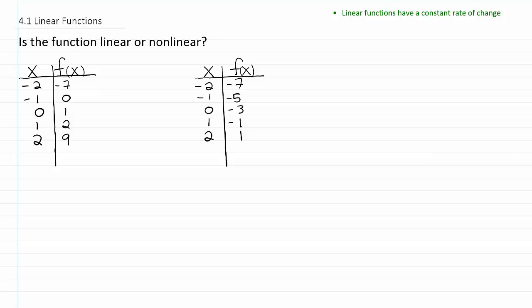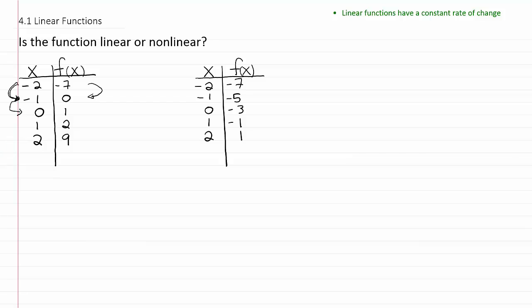What that means is that as you move from one x value to the next, the y value will change in different ways. So when you move from -2 to -1, that's a unit change in x. But what's the corresponding change in y? Well, it looks like it's a change of 7, right? Because we go from -7 to 0. So it's increased by 7. Now, it's the same distance from -1 to 0 as it was from -2 to -1, correct?